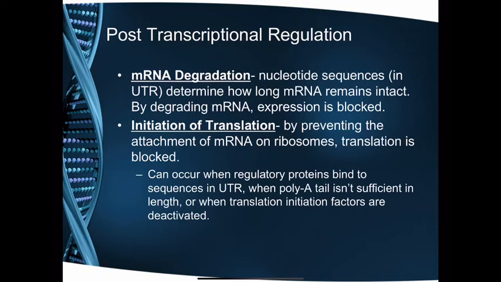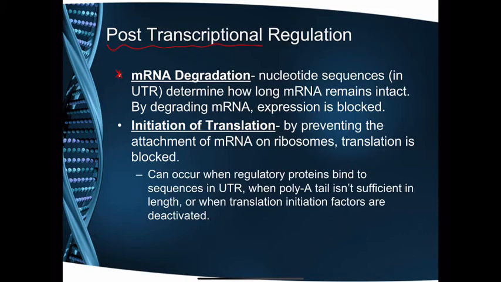So let's talk about a few ways that genes are regulated. This is post-transcriptional, so after we've taken that DNA and made it into mRNA, then we're going to regulate it somehow. The first way is through mRNA degradation. If the mRNA stays active and remains in the cytoplasm, at the ribosome, for a long time, then it will be translated more.